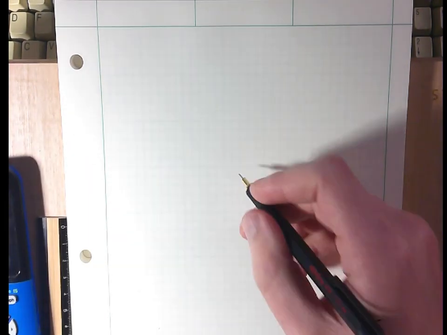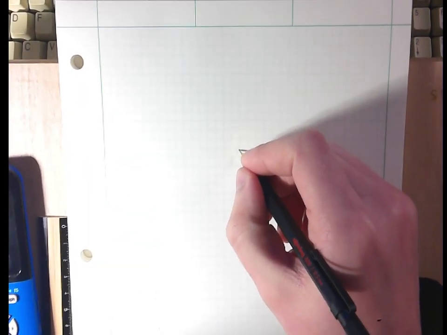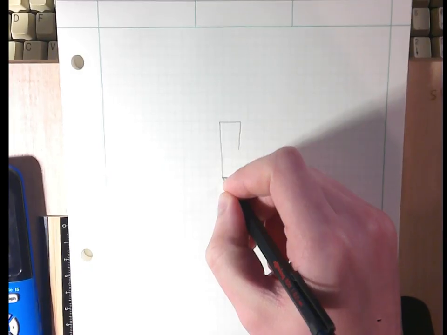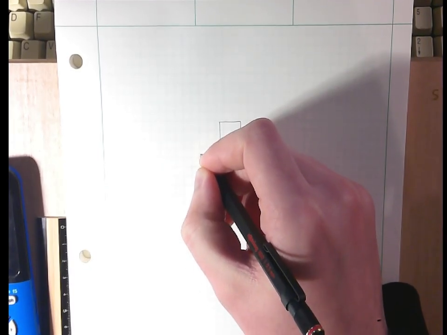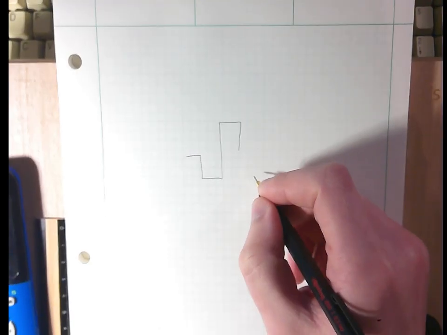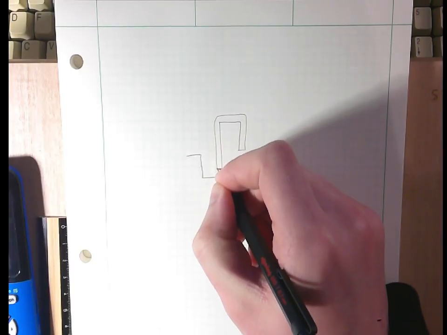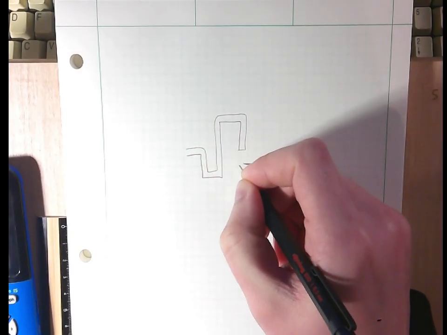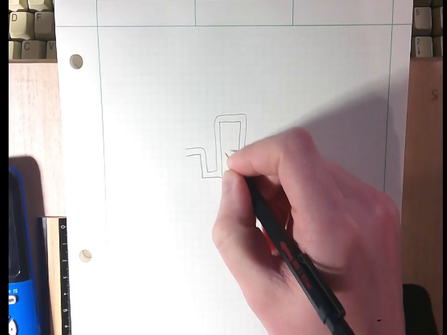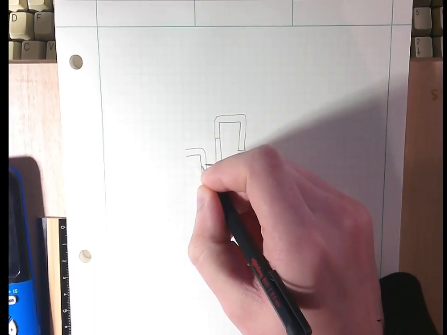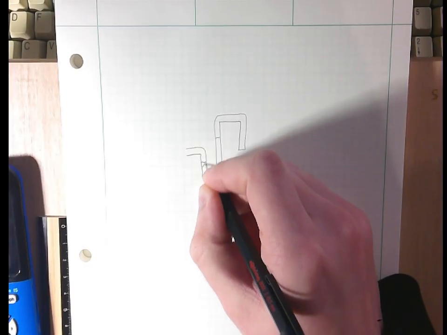So this problem, you've got this pipe. I'll try to draw it. Kind of looks like this. And well, the interesting thing is that it's got a fluid here that ends here.